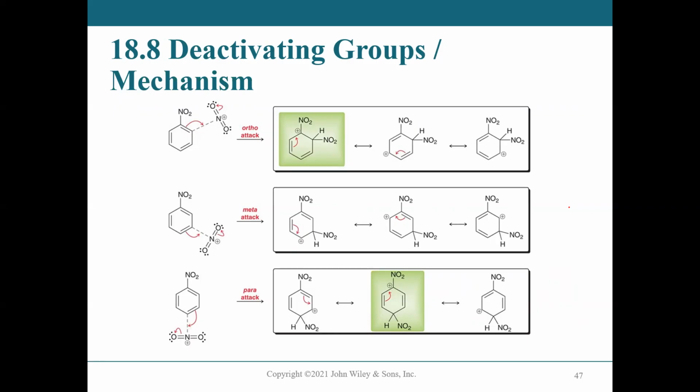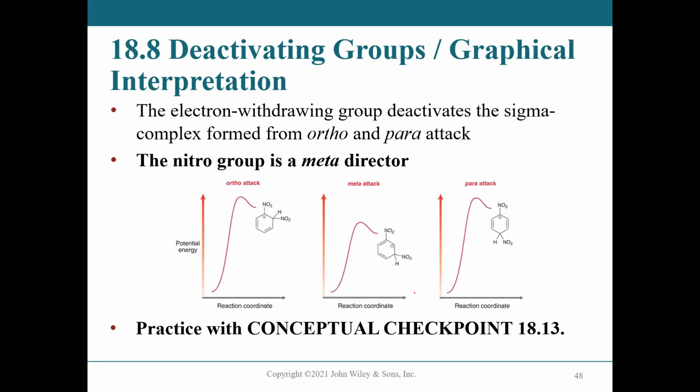So if the positive charge is right here, this is going to contribute to instability. It's going to make it unstable, and so we're going to see the same effects with the para position. And they show us an energy diagram here. So the nitro group is a meta director.